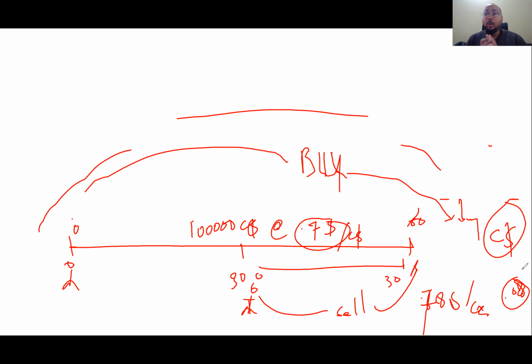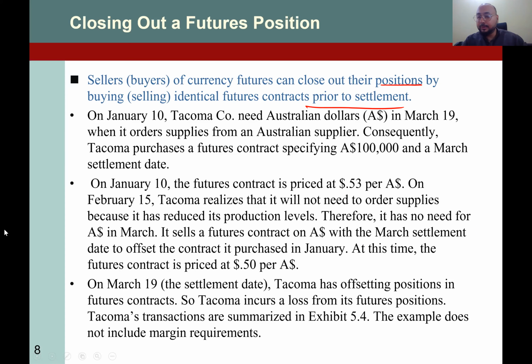So now you understand what we mean by closing out the future position or offsetting the contract, right? Let's just talk about the example. I'm going to clear all this drawing here and go back to our slide.